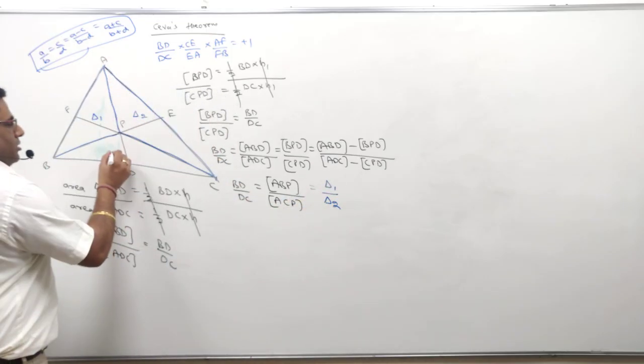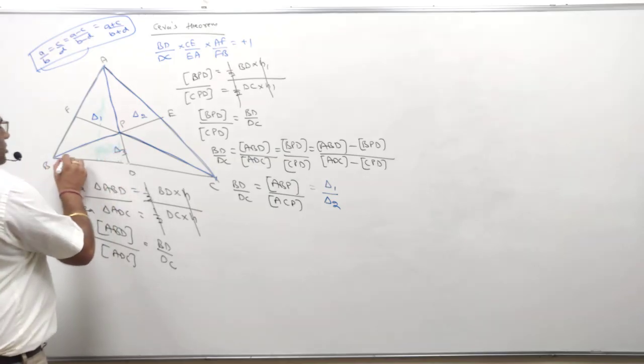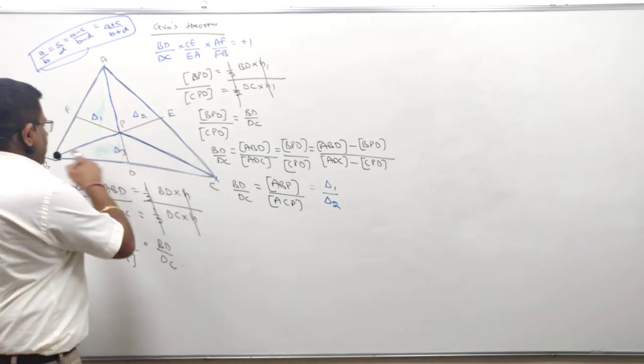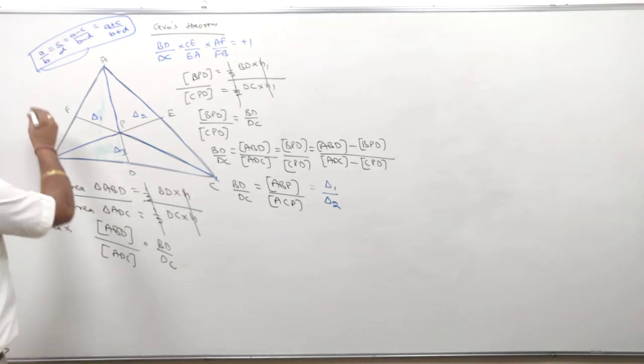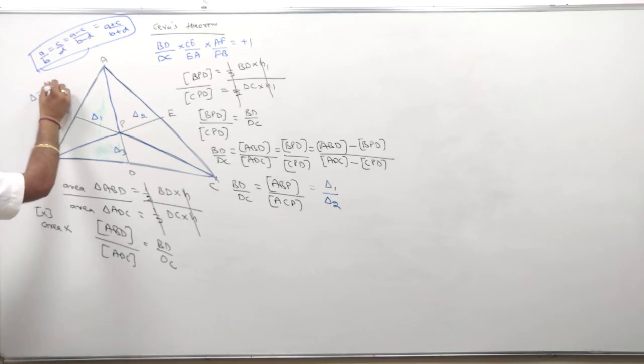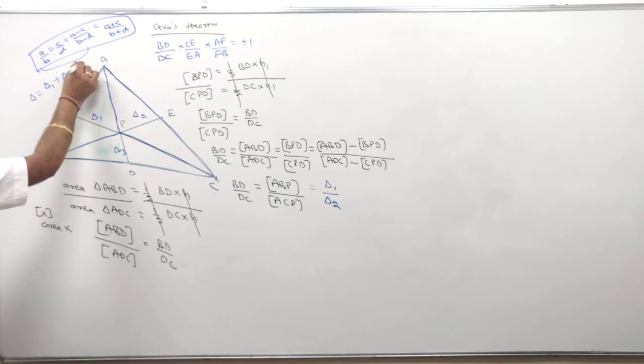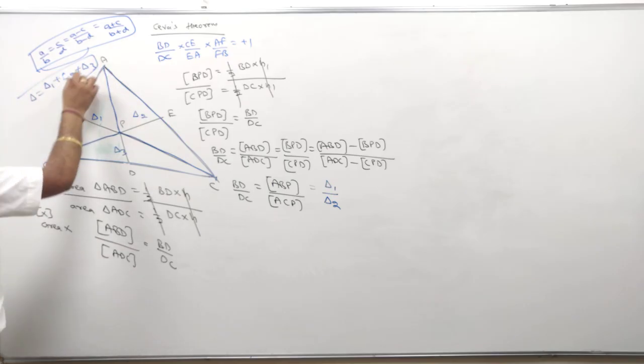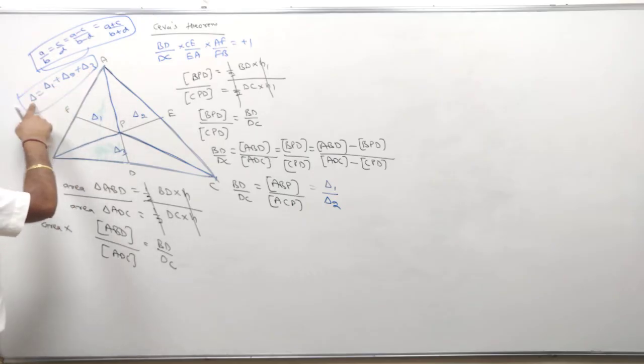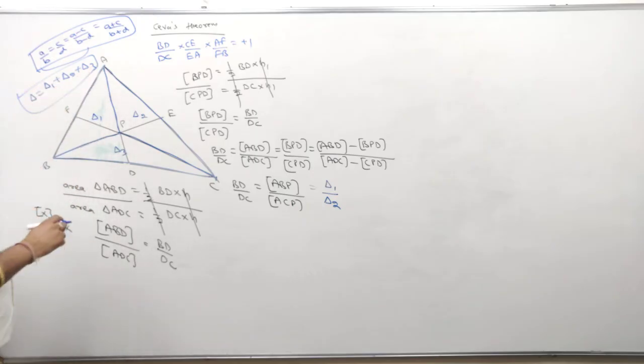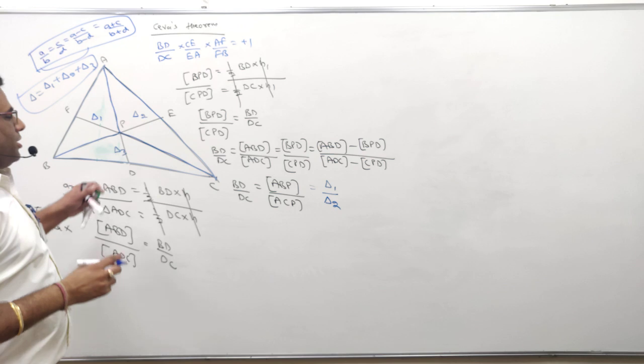Similarly, I am considering the area of triangle BPC as delta 3. So the area of triangle ABC, delta, becomes delta 1 plus delta 2 plus delta 3.